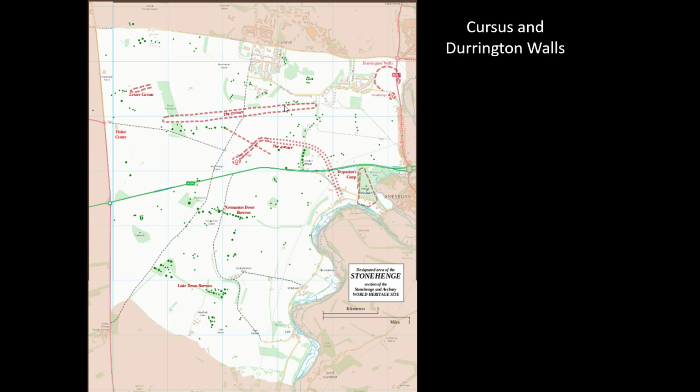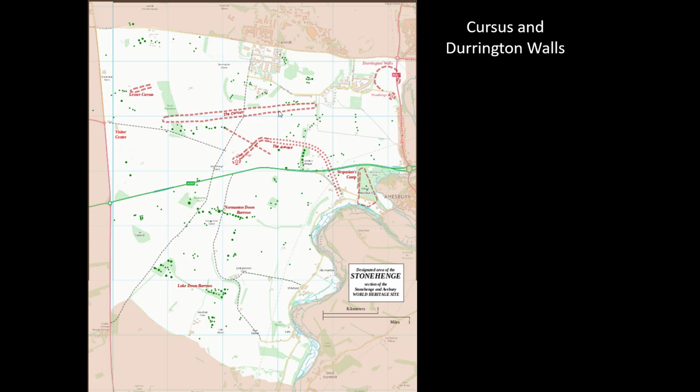If you've ever tried to dig a hole, it's exhausting. Dug by hand using antler picks, which I think is even crazier. So a lot invested in creating this Cursus. And associated with this site were barrows, which essentially are mounds, and there were mass graves located in these mounds.